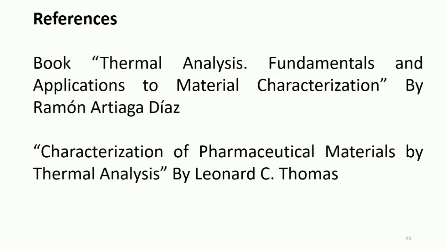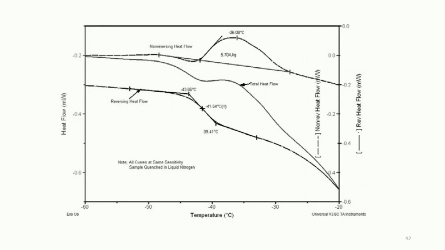In this diagram, the modulated differential scanning calorimetric data is obtained on the same sample, except that it was cooled at 0.5 degrees Celsius per minute as compared to the quench cooling that was used in the last one.